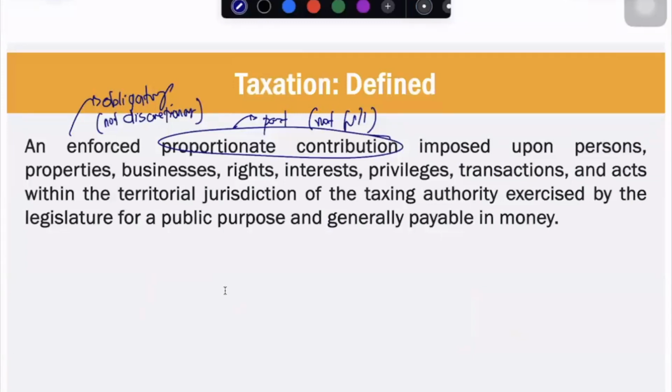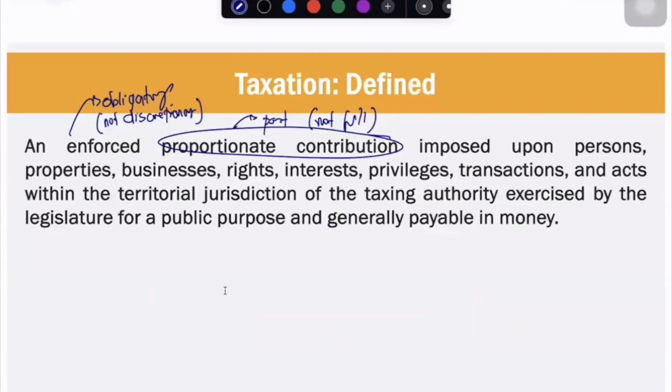Next, it is proportionate because again, it is only a part of a particular subject matter. So for example, the subject matter is a property, only a portion or the value of that property will be taxed. Generally, it is not the full amount that will be equal to the amount of your tax. So it is proportionate only as to the value.